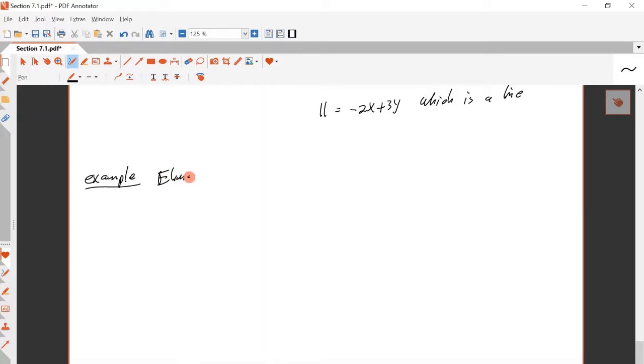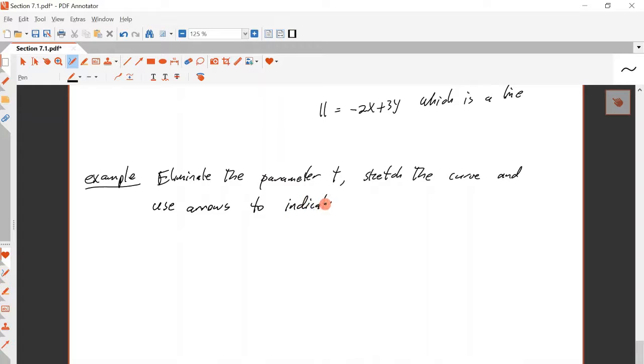Eliminate the parameter t. Sketch the curve and use arrows to indicate the direction for t increasing.